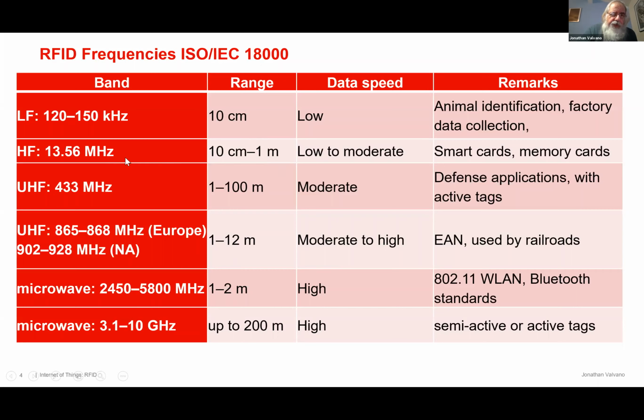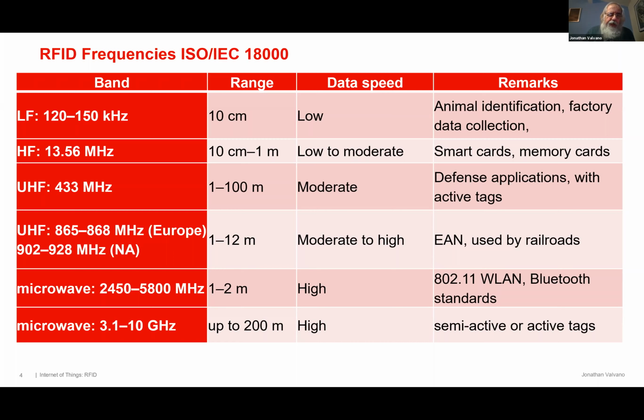Okay, the high frequency band is 13.56 megahertz. As you know, whenever you choose a frequency, that implies a wavelength, which will imply how things transfer through objects, how far it goes, etc. The examples that we'll get to at the end of the slides are in that 13.56 megahertz range.